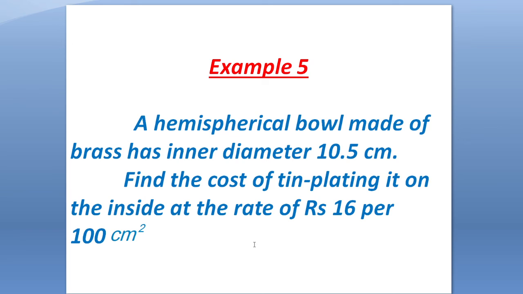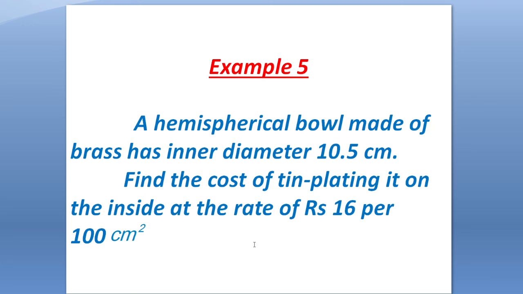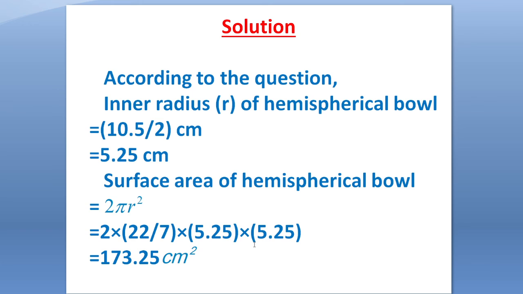So first we have to find out the surface area of the given hemispherical bowl. According to the question, inner radius r of hemispherical bowl is equal to 10.5 divided by 2 centimeter because 10.5 is the diameter of the bowl. So radius is half of the diameter, so it is equal to 5.25 centimeter.